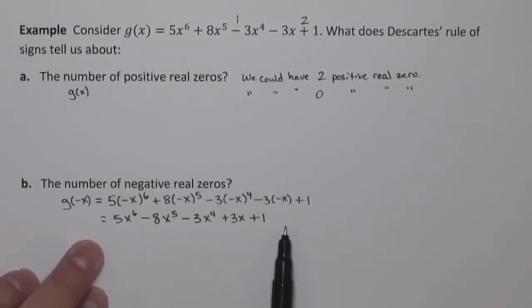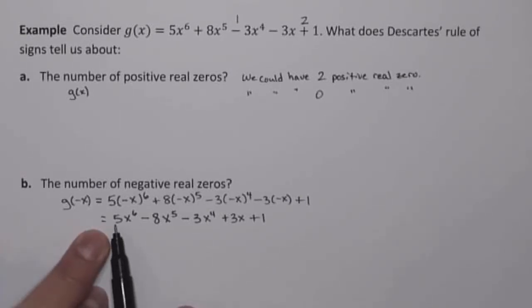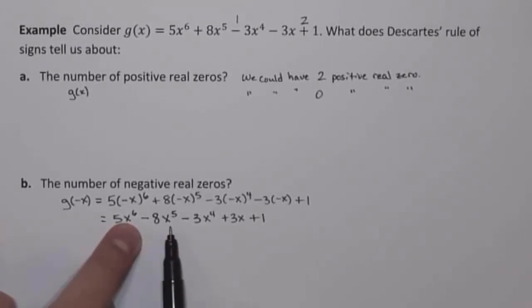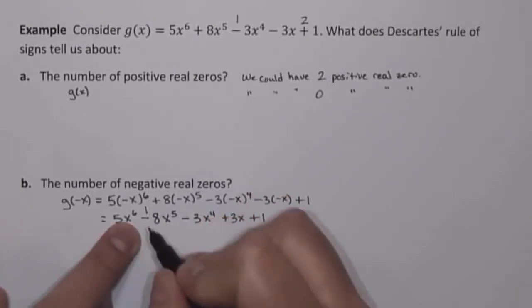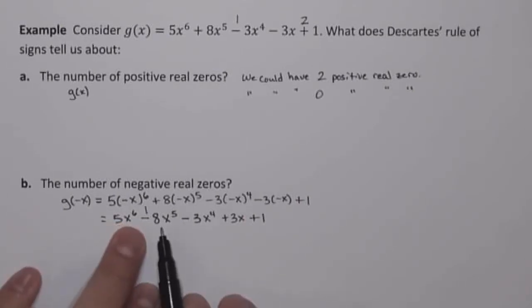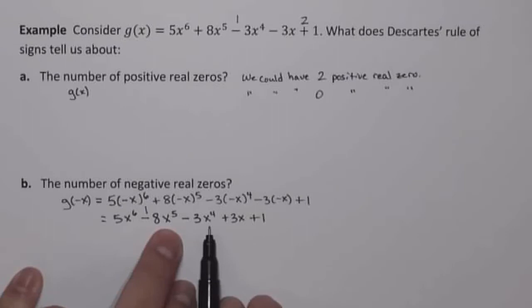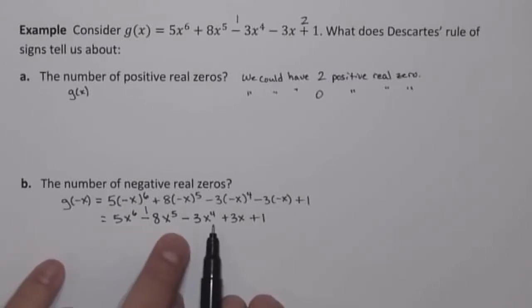And so now we need to determine how many variations in sign do we have. So we're starting here with 5x to the 6, which is positive, and then we go to negative 8x to the 5th. That's one variation in sign. Now from negative 8x to the 5th, we go to negative 3x to the 4th. So that stays negative.